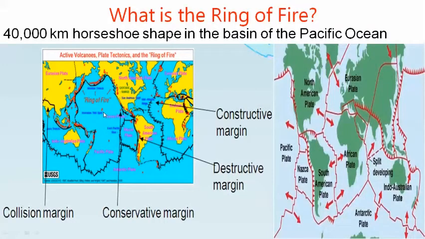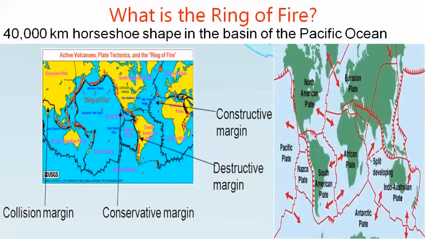Now, why is this called the ring of fire? As you are seeing over here, this region has got all sorts of plate boundaries. All the plate boundaries that I have told you, the constructive, the destructive, the conservative, etc. Every kind of plate boundary is found over here.